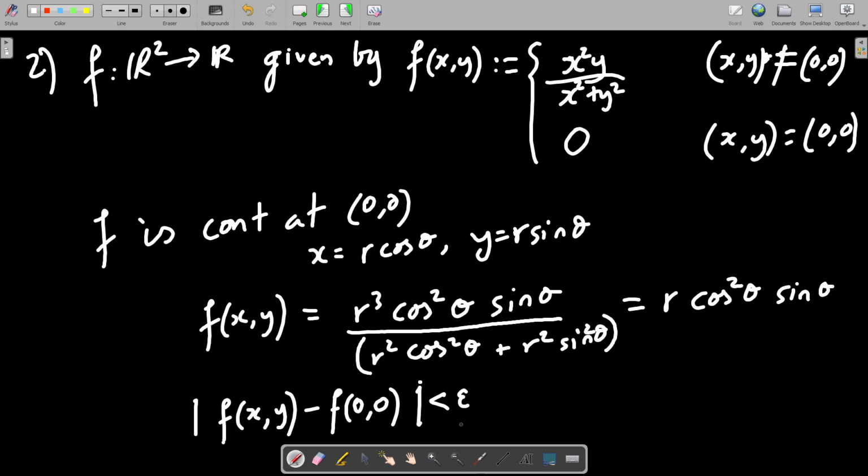So basically this is what I want to show. So let me calculate this quantity first.